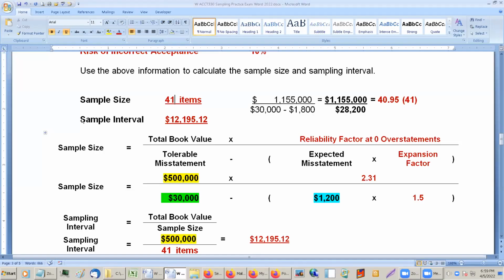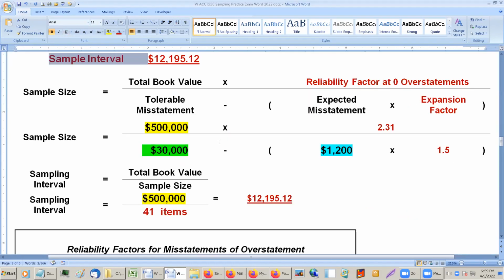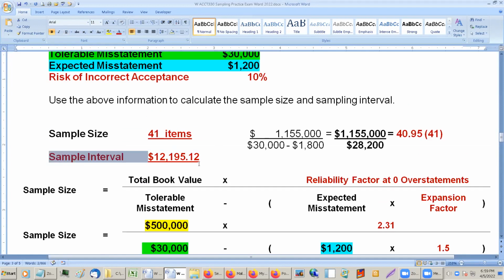It not only tells you how many items to take, it also picks your sample, because it's going to say, every $12,195 worth of stuff, you're going to pick your next one. There's no random number table we use or anything like that. And any item that's more than $12,195 is automatically picked.